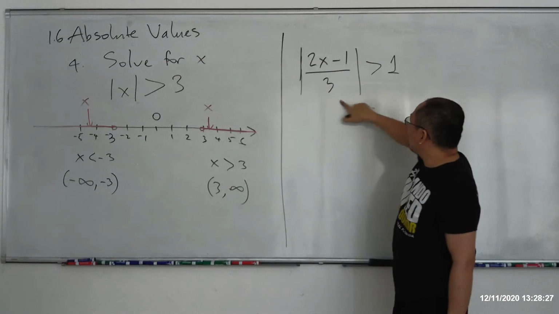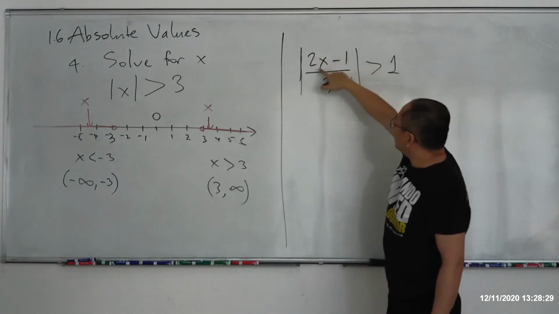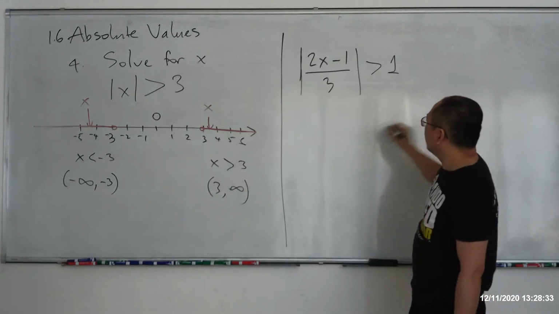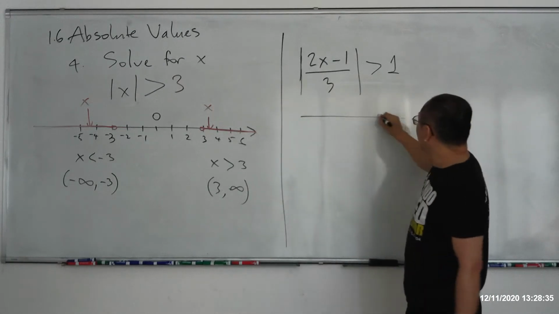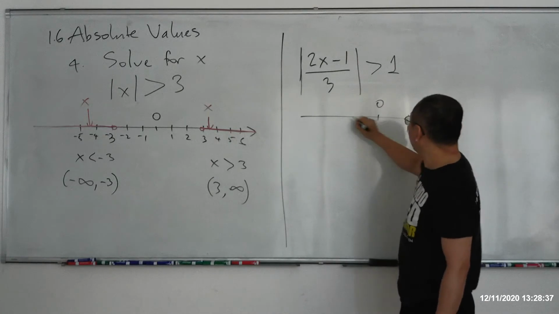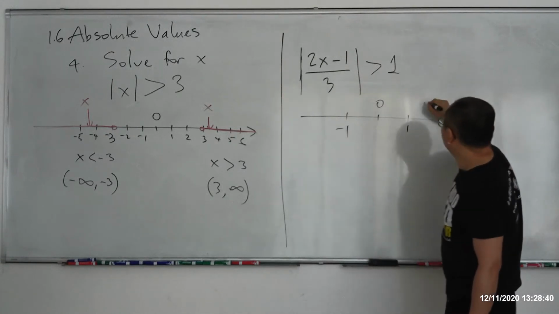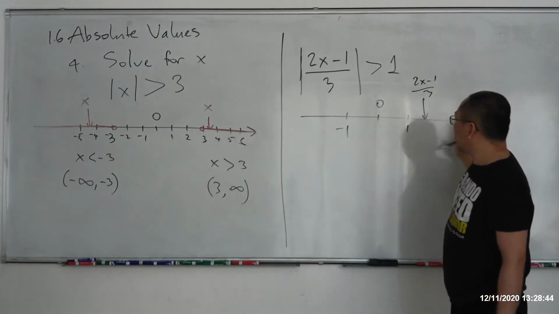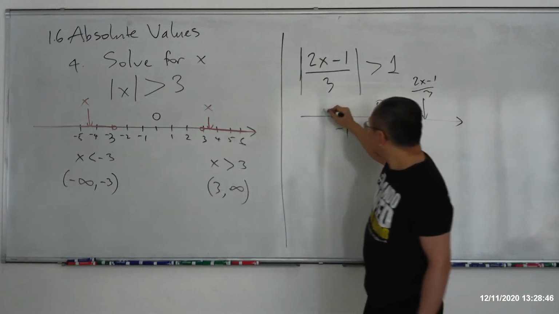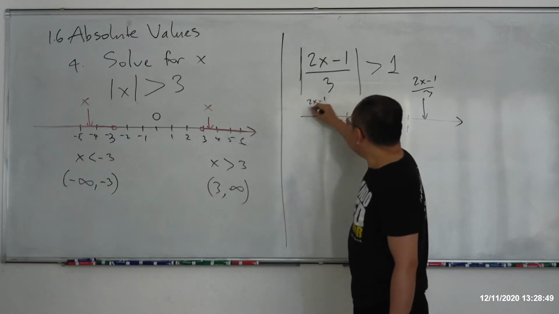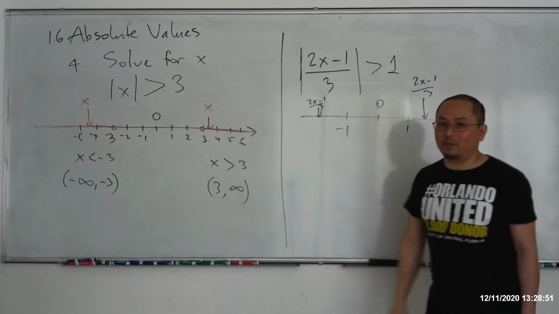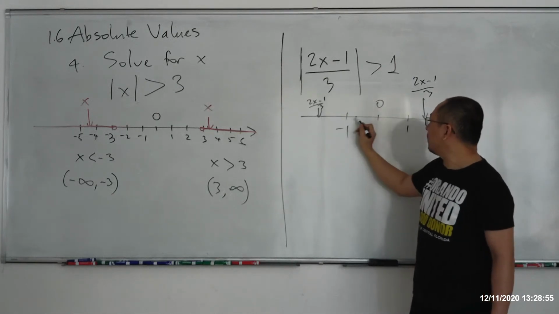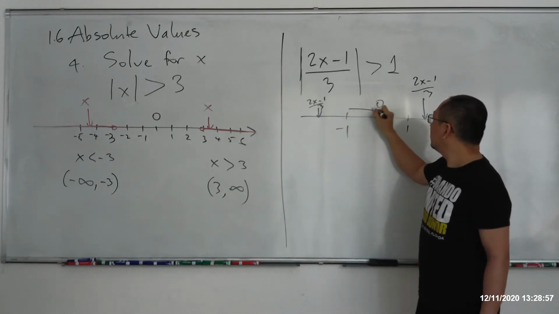This means the distance from this fraction, 2x minus 1 over 3, to the origin has to be bigger than 1. On this number line, 0 right here, 1 right here, negative 1 right here. 2x minus 1 over 3 is going to be to the right-hand side of 1, or to the left-hand side of negative 1, because the distance from the number to the origin is bigger than 1.